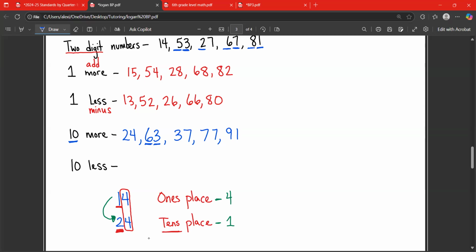What about 10 less? So remember, more means add, less means minus. So I want to use the shortcut method again. I do, but for the first one, we'll use this method just to make sure. So I'm gonna do 14 minus or take away 10.